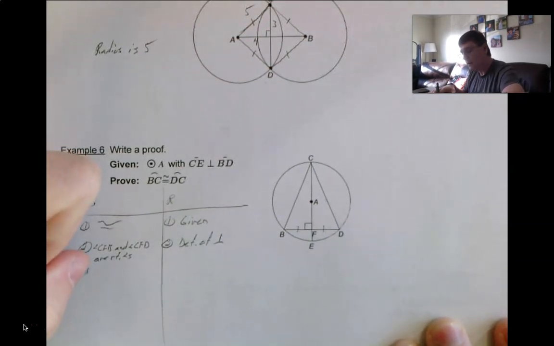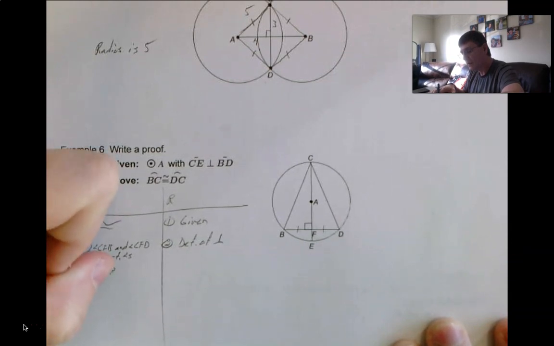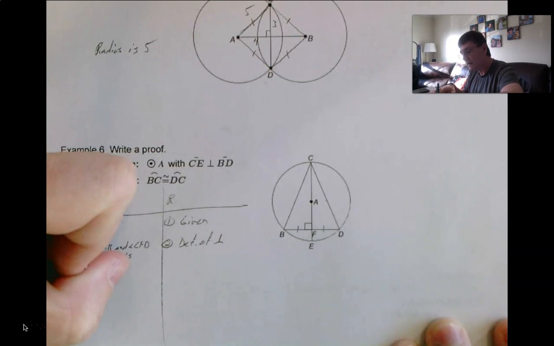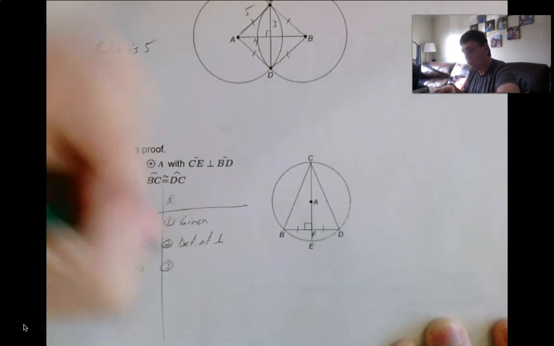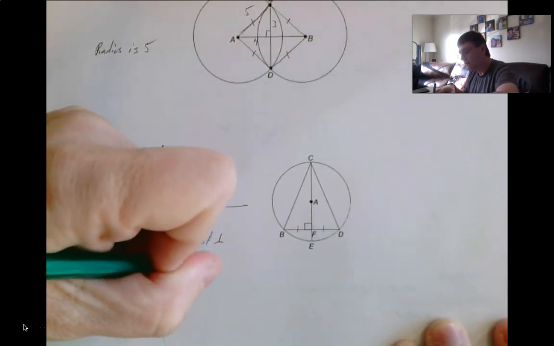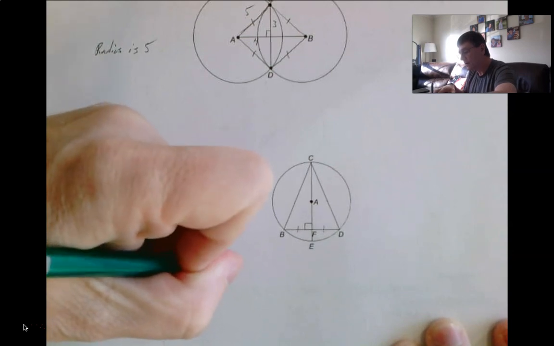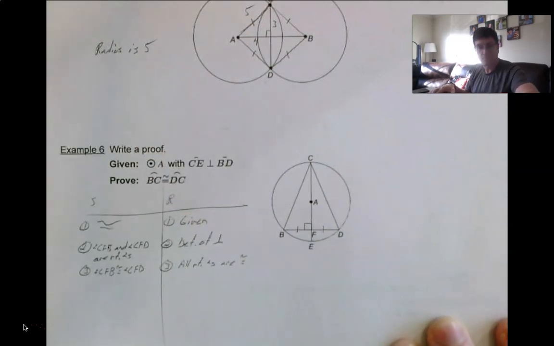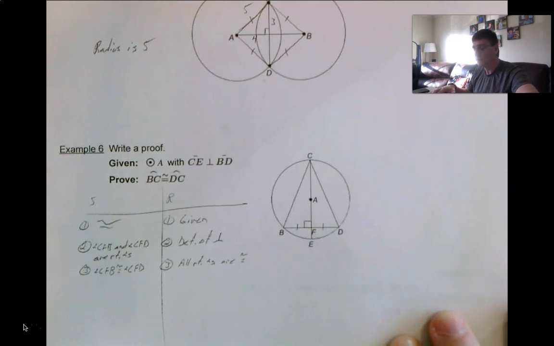Statement 3, angle CFB is congruent to angle CFD. Right angles congruence theorem, or all right angles are congruent, either the name or the theorem itself.